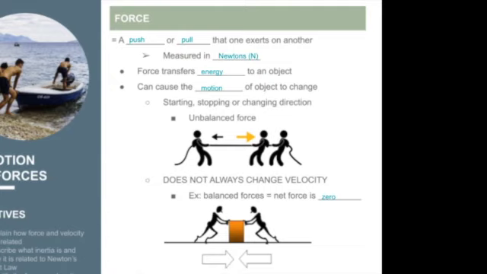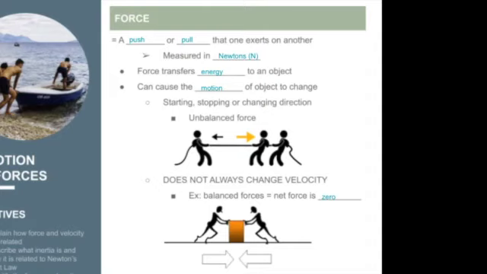If there's a force acting upon an object, it can be balanced forces. And with a balanced force, we're going to have a net force of 0. If you look at this picture, we have two people pushing on a box. They're equally pushing with the exact same force, so there's no movement in the box.